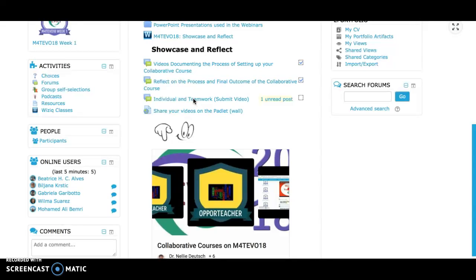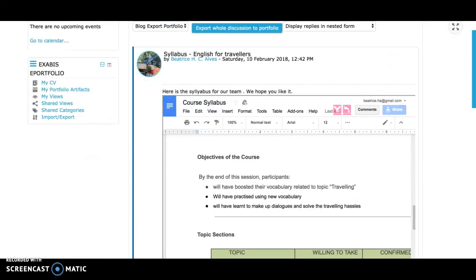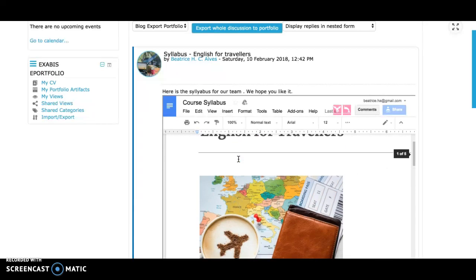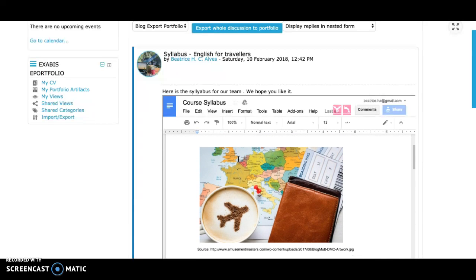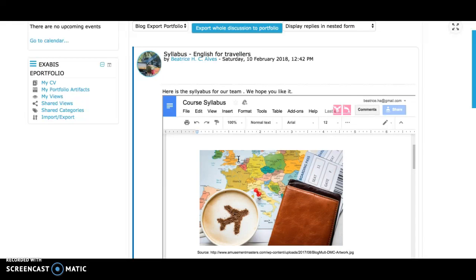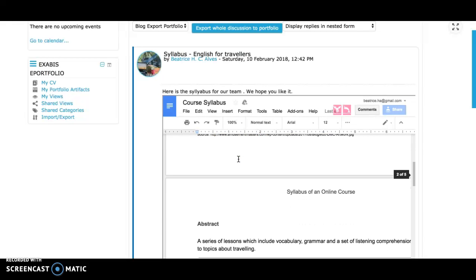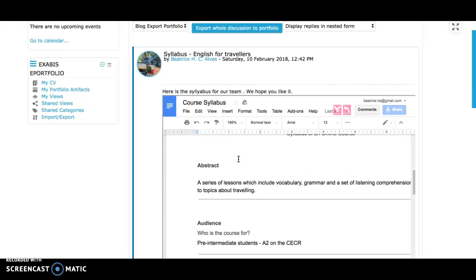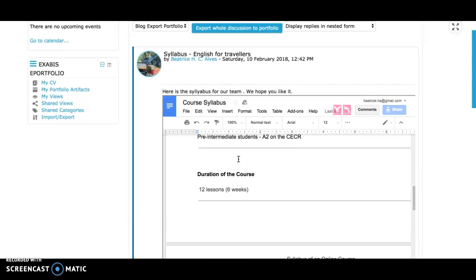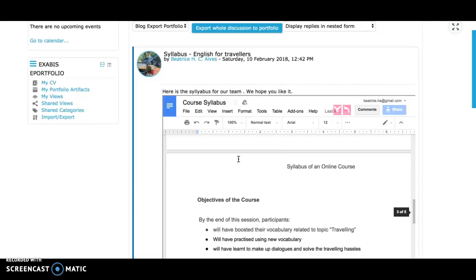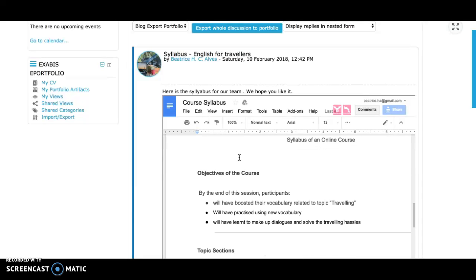And as a team, we came up with a syllabus for our course, which is about English for travelers. In this syllabus, we came up with a logo, a nice image, but most important, we defined what our course was about, who it was for, how long it would take, and the objectives of our course.